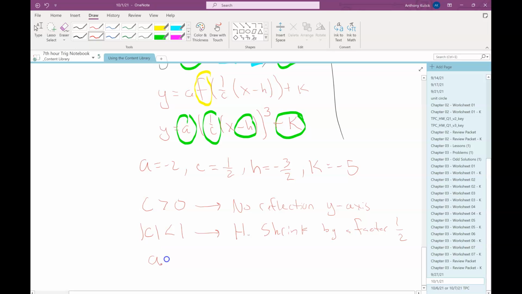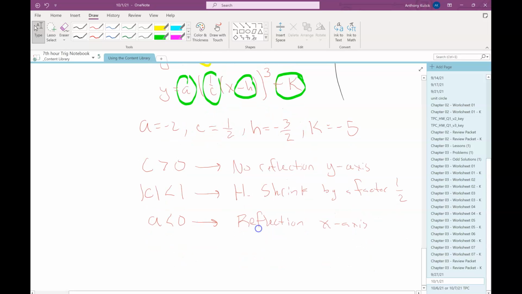Then we do the A. So the A is negative. What does that mean? So that's the reflection. Good. Which axis? X. Okay. And then since the magnitude of A is bigger than 1, it also does a vertical stretch or shrink.